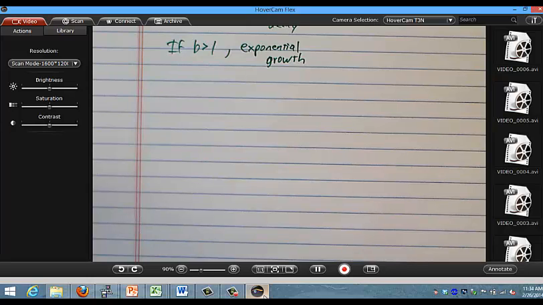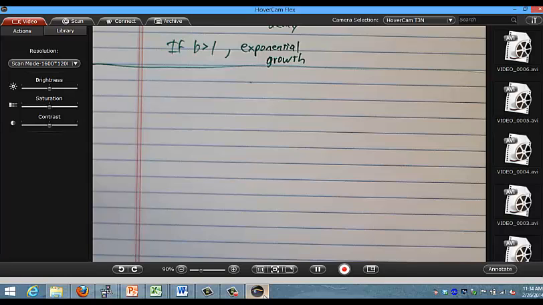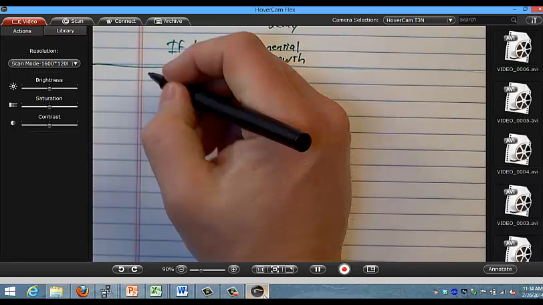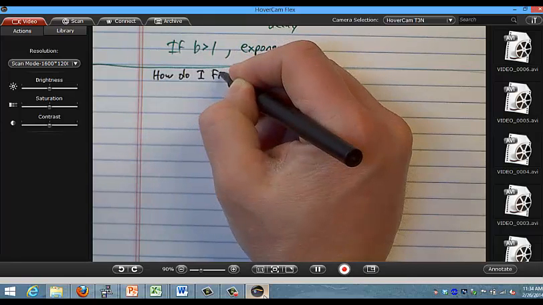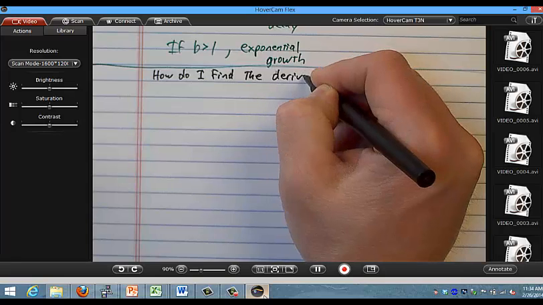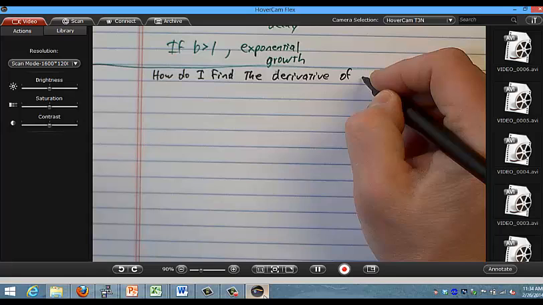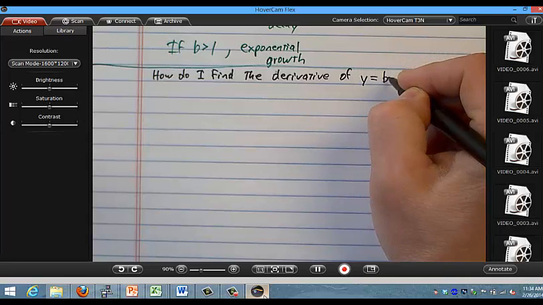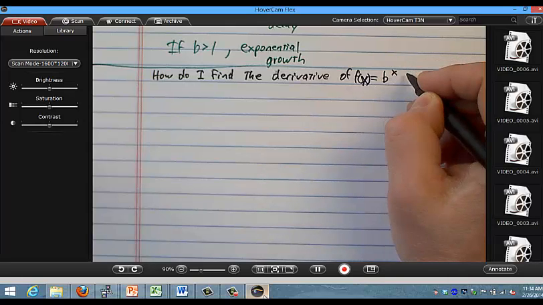All right. So what I'd like to do now is I'd like to think about the derivative. Okay? So I guess here's the question. How do I find the derivative of y equals, or let's say f of x equals b to the x power? That's my question.